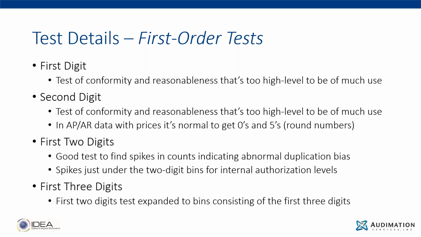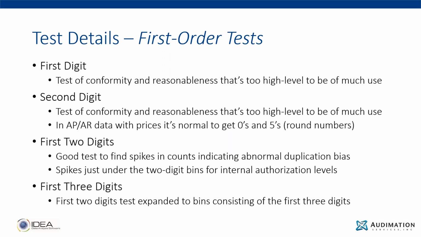We have the first two digits test, which we're going to focus on today, which is a good test to find spikes in counts that indicate abnormal duplication bias. A lot of times you'll want to look for spikes just under, say, two-digit bins for internal authorization levels to see if you have abnormal submissions right underneath those authorization levels.